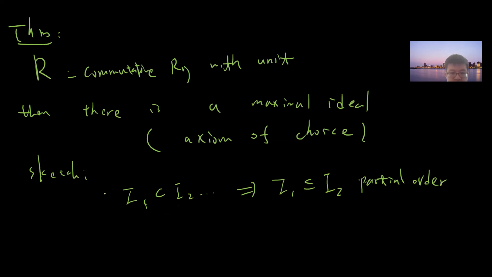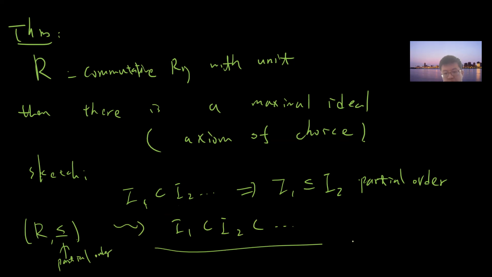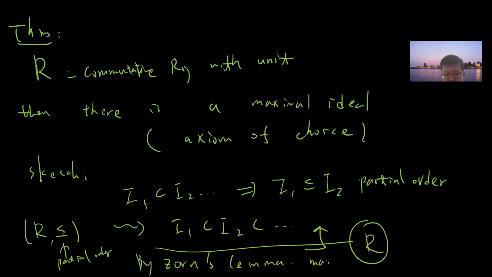So you can define a partial order on the set of ideals. Then you can ask about a maximal chain. If you have a chain, then there's an upper bound, the whole ring is the upper bound. So by Zorn's lemma, there's a maximal element here.